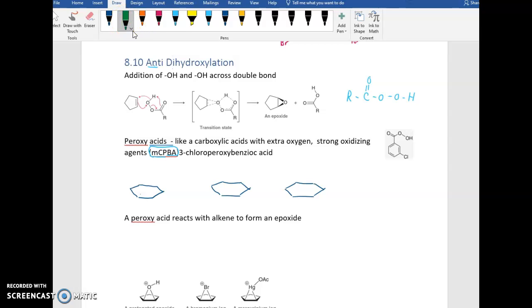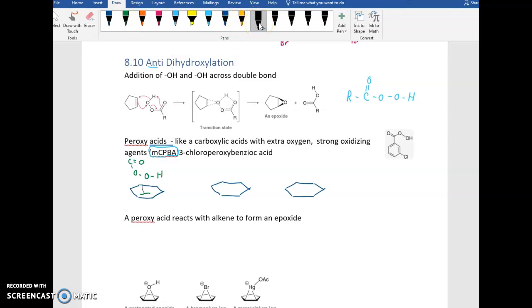If we have a double bond here, we're going to have our peroxy acid above it. There's the carbon, and there's the double bonded carbon, and there's our hydrogen. We're going to have about 5 arrows going on here.